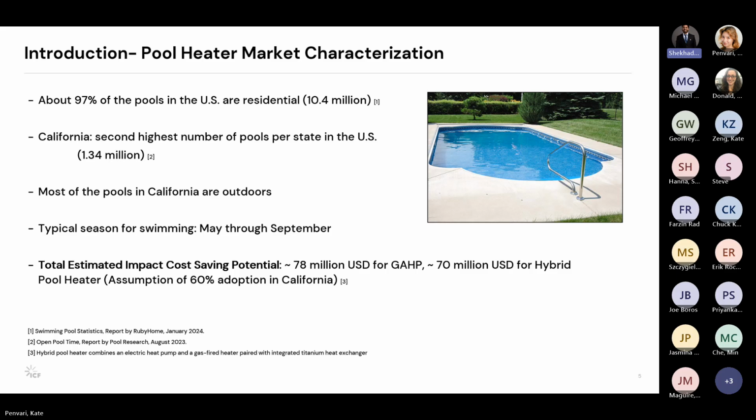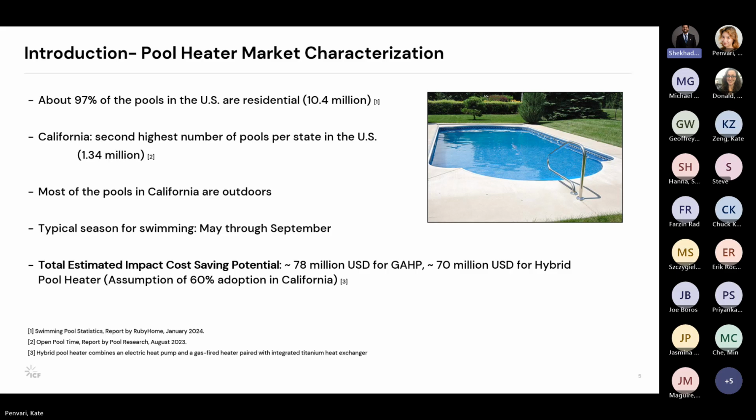And majority of the pools located in California are outdoors, and they are situated in locations where the weather is primarily characterized as mild winters and hot summers, which make them ideal for outdoor pool applications with extended swimming seasons.